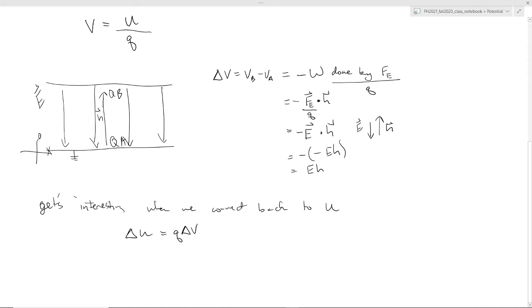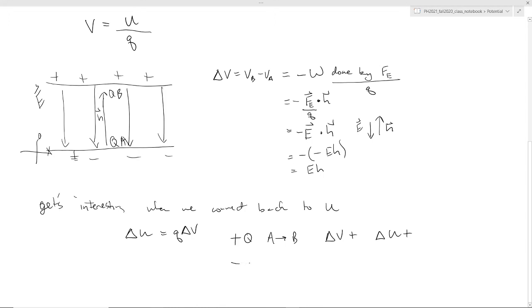To help visualize this, remember these electric field lines go from positive to negative. So if the charge was positive and you move it from A to B, as in our picture, the change in potential is positive, and the change in potential energy would also be positive. You can imagine that because a positive charge is not going to want to be forced close to other positive charges at B, and so it would require energy to do that. So you would be increasing the potential energy of the situation.